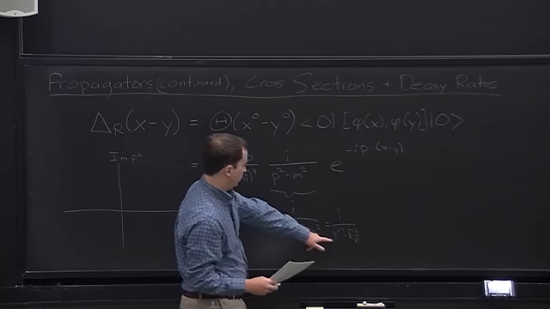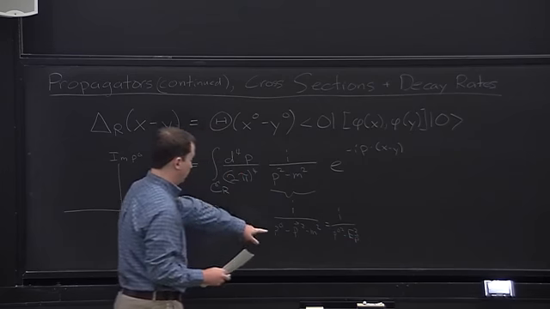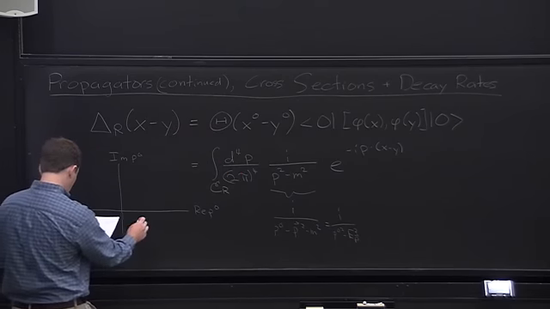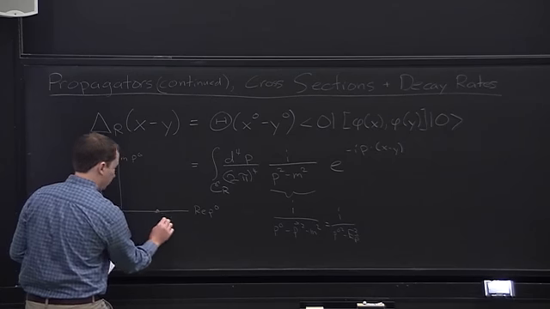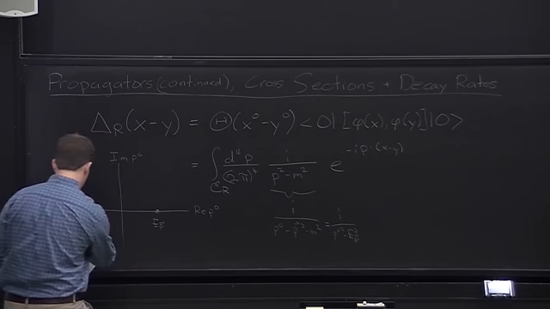So that there are poles at plus or minus E_P in the complex P0 plane. And this contour avoids those poles by going above them.